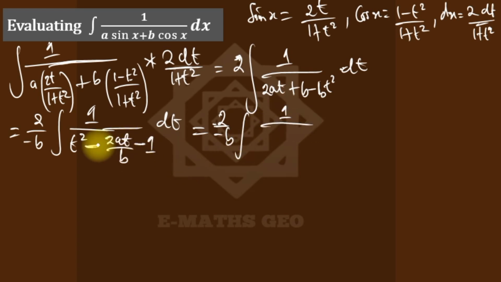Remember, to make this a perfect square, we add the square of half the coefficient, that is, over 4a, and our a, the coefficient of t squared, is 1. So we add a squared over b squared to make it a perfect square, and we need to subtract it so that we get back the original function.